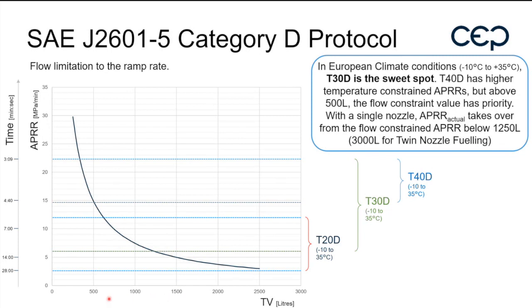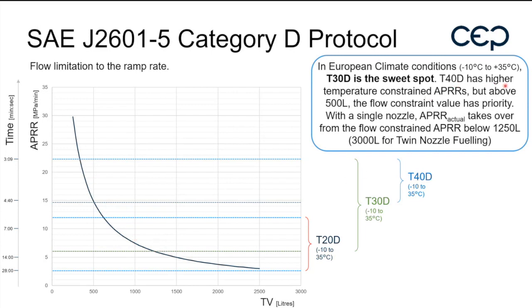So this depends on the total volume of your vehicle. Now, I guess there will not be too many vehicles initially who are going to use D category protocol with the higher volumes. So actually you can ignore these values. But if you have medium duty trucks up to, let's say, 1,200, 1,400 liters, then actually you have here a very good value when you choose a T30.